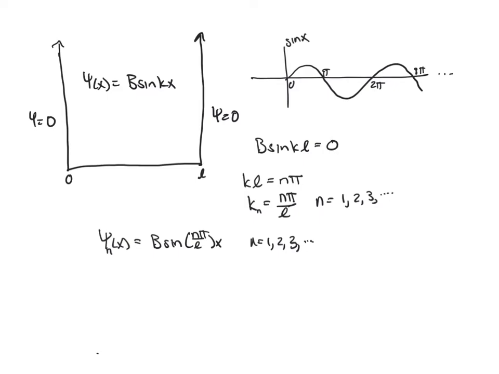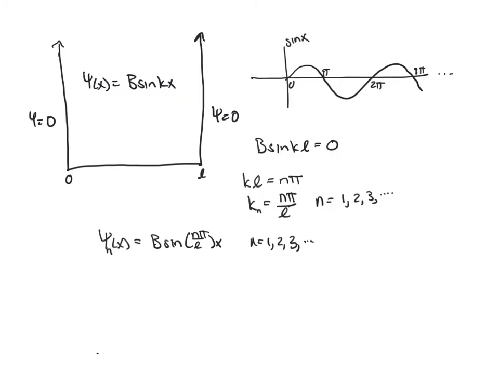So one way to think about this is that because our wave function has to be 0 at 0 and L, that means that only half integer wavelengths are going to fit inside this box. So I could put this much of the sine function inside the box because the boundaries would be at 0, or I could put this much of the sine function inside the box because the boundaries would be 0, or I could put this much of the function inside the box because the boundaries would be 0.